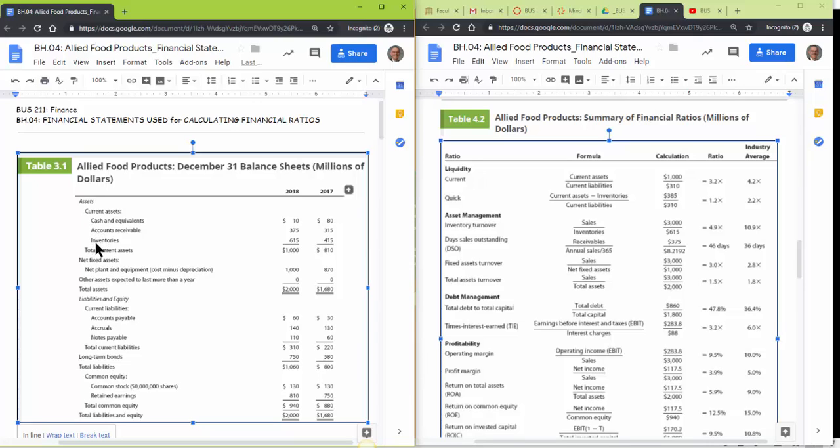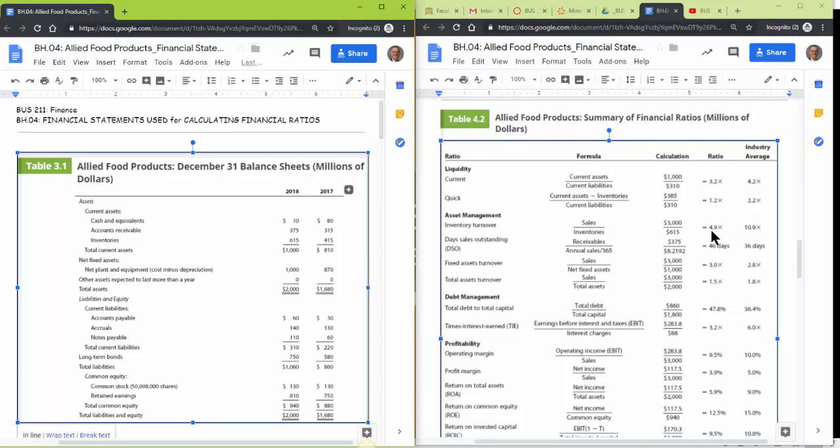When a company sells its inventory, it must replace that inventory in order to make more sales. So what the inventory turnover ratio measures is how many times the business must restock its inventory for its level of sales.